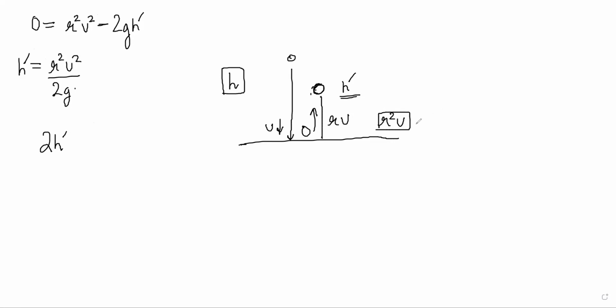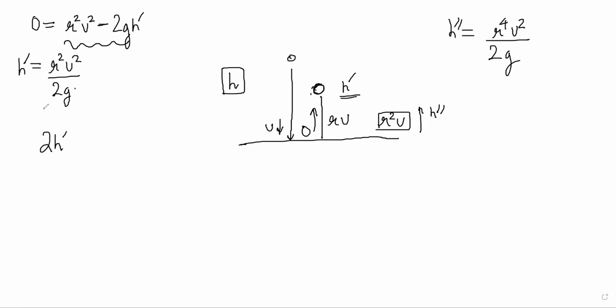And the height now, H double dash, would be what? Instead of RV, we have R square V. So it will become R power 4 V square by 2G, right? Same way like we did here.